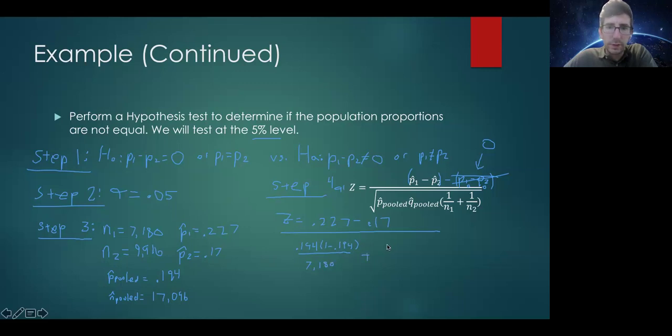And then we add the same thing, 0.194 times 1 minus 0.194, divided by our second sample size, 9,916. Remember, we're just calculating our z value here. Very similar to what we've done before, just a few extra steps.